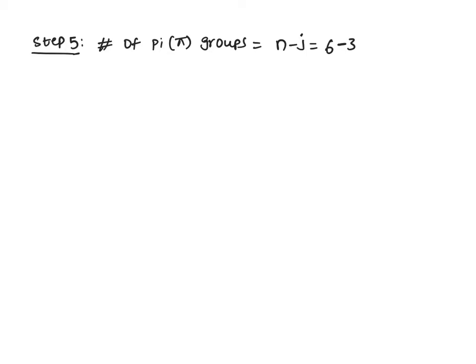Step 5 of the problem. Number of pi groups would be n minus j, where n in step 1 we have counted as 6, and j we have found in step 3 as 3. The total would be 3 pi groups.